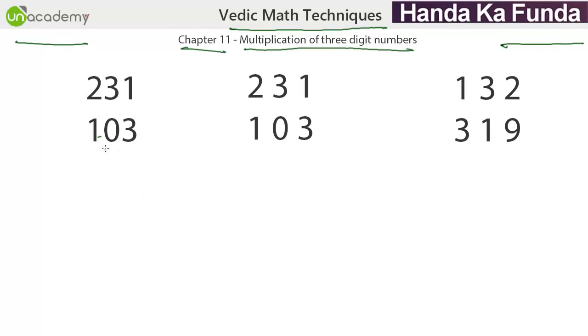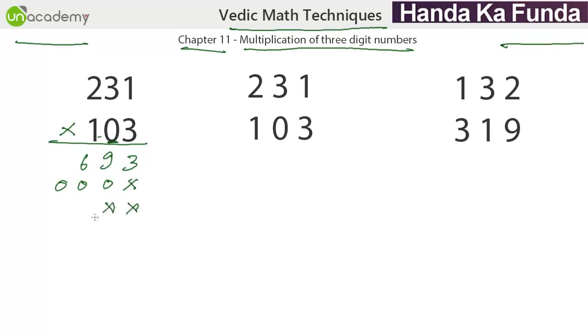So traditionally, let's say if you were given two 3-digit numbers, how would you multiply them? You will do it on a digit by digit basis. First you will multiply by 3. So 3 into 1 is 3, 3 into 3 is 9, 3 into 2 is 6. Then you will put a cross sign and multiply the next digit. 0 multiplied with everything will give you 0.